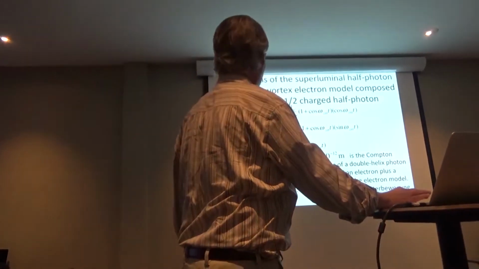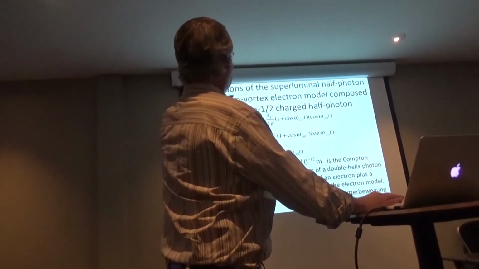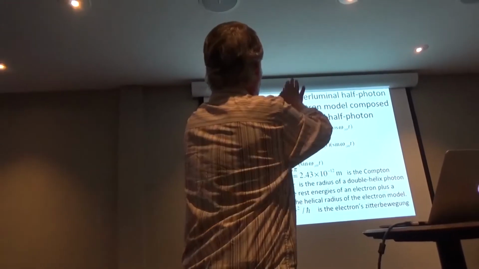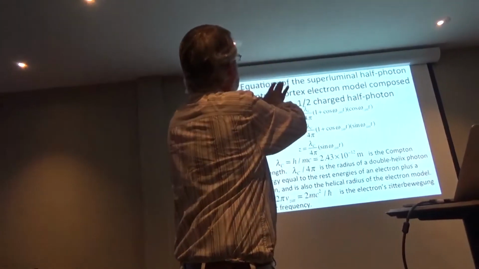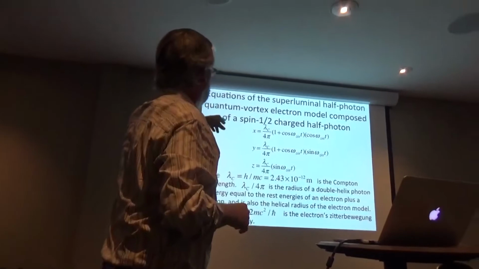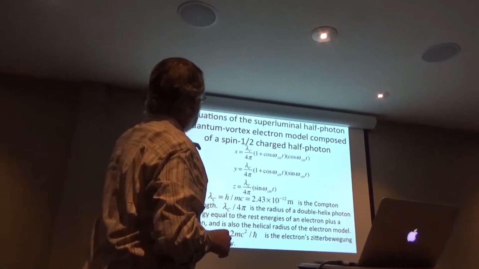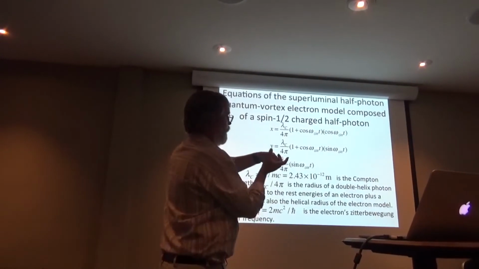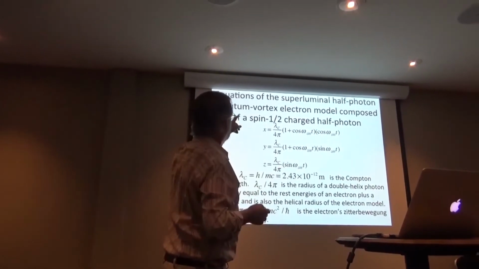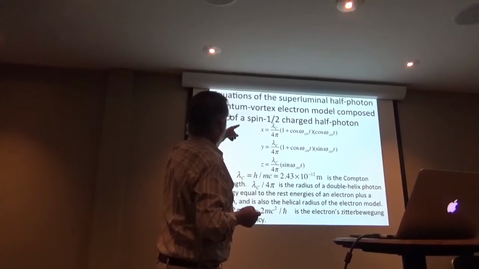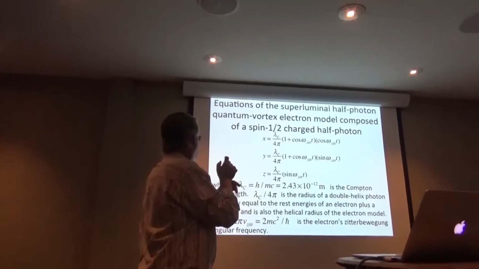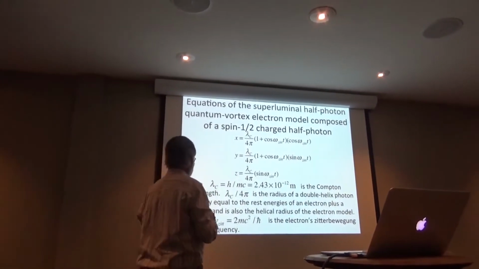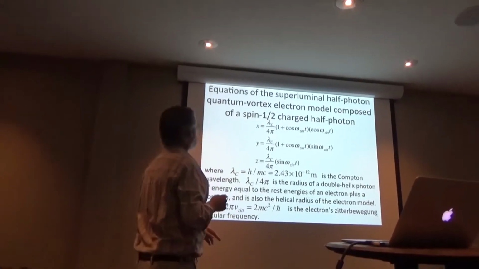What does that half photon, I call it the quantum vortex electron model, look like? These are the X, Y, and Z components of it. You can see that the radius of the horn torus is lambda c over 4 pi, which is the same as h bar over 2mc, which people often talk about.